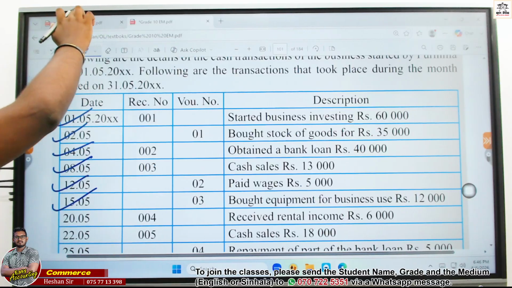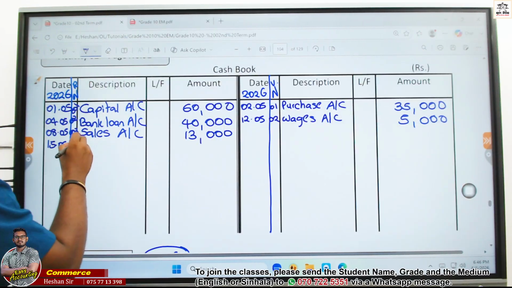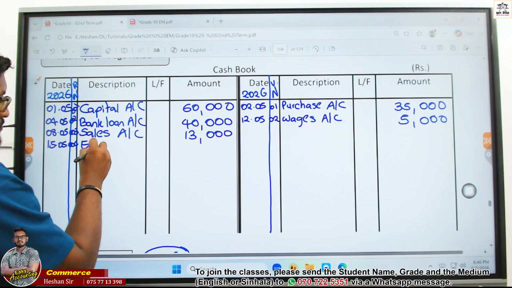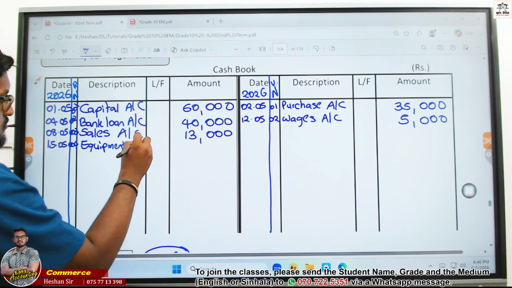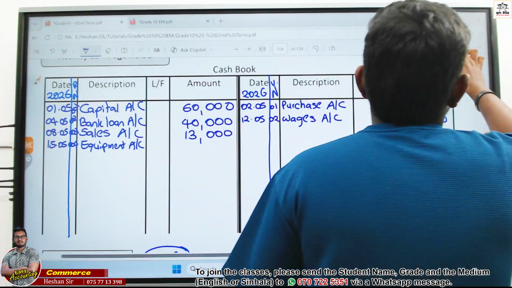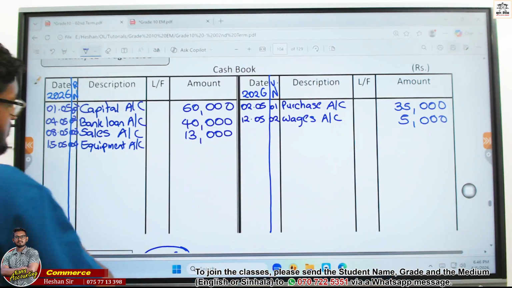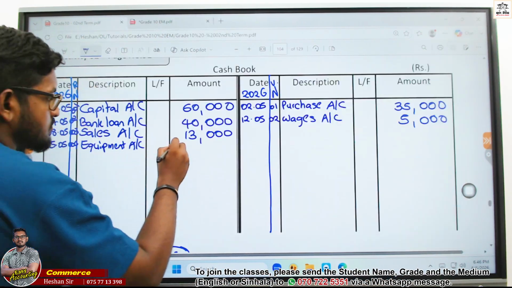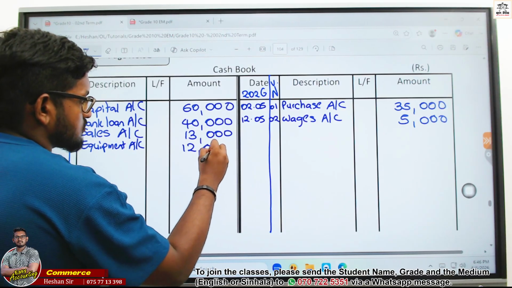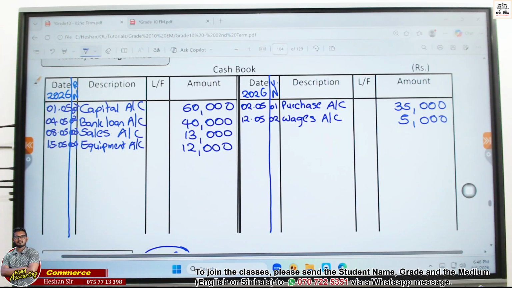We have purchased equipment. Equipment account. How much? 12,000.